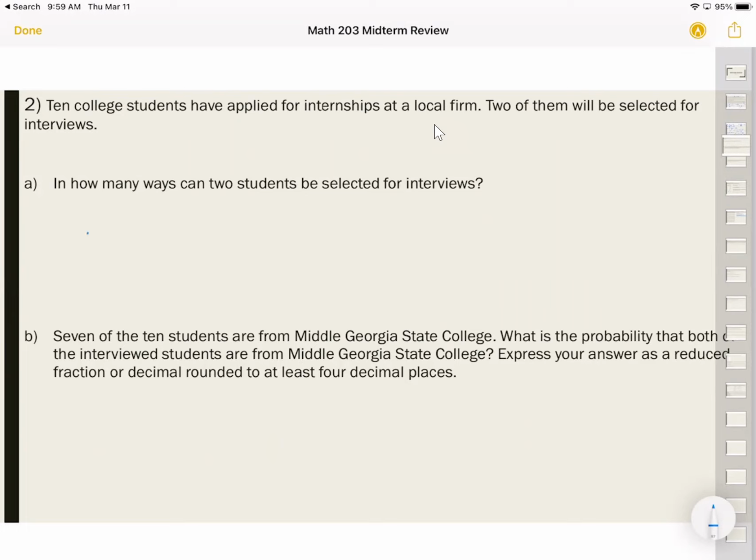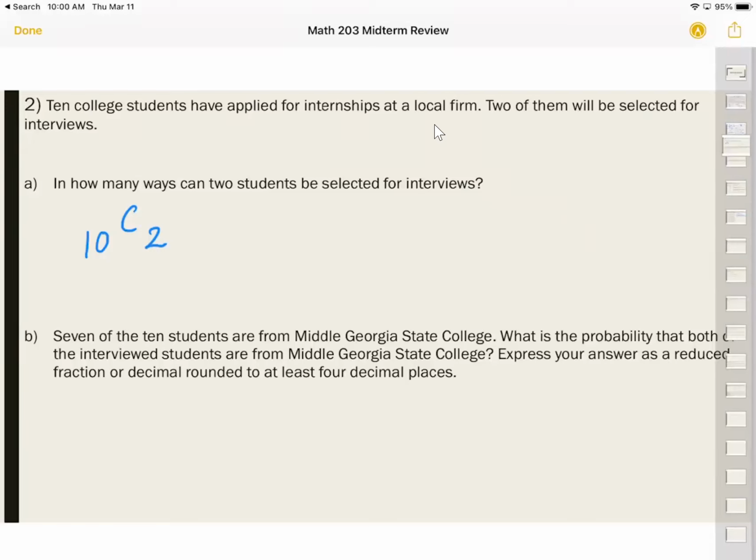So if the order doesn't matter, we know that this deals with a combination. And I know a few of you got confused between permutation versus combination.